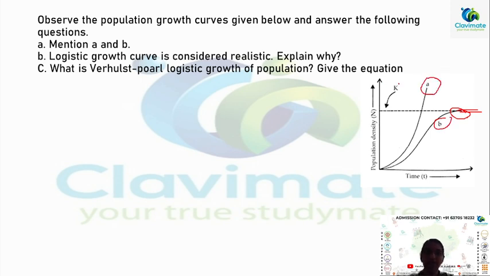And I have to say about K. K is the population capacity, defined as the capacity up to which a population can grow in a habitat. As I said, if this habitat can hold a maximum of 10 people, then the K of this population is 10.